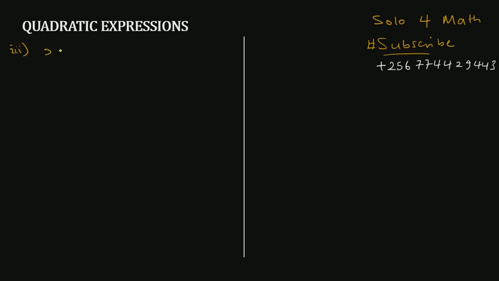Factorize x squared minus x minus 30. We say look for two numbers which give you a product. Remember, there's a one here, a silent one here.